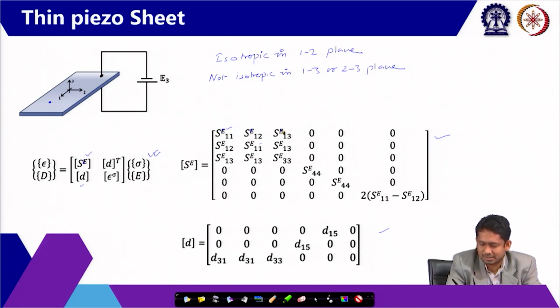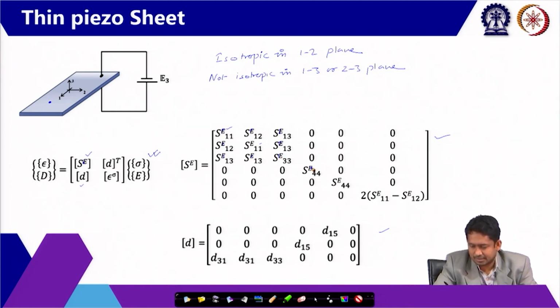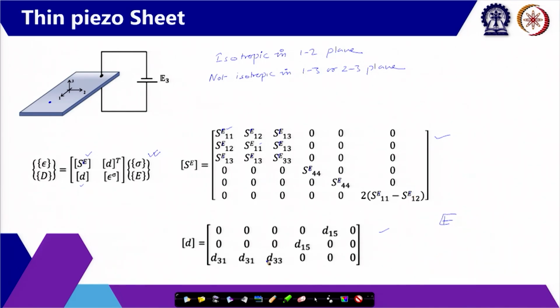So, it is double stroke everywhere. Now, similarly, these are the d matrix, and in the d matrix also, because of its symmetry, we have d31 and d32 the same, and d24 and d15 are the same.